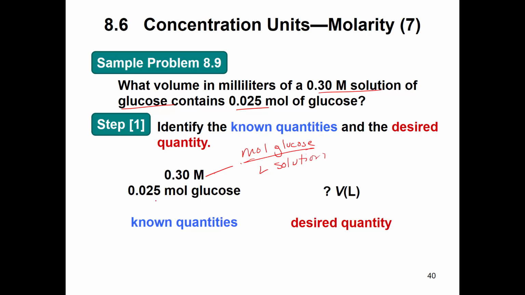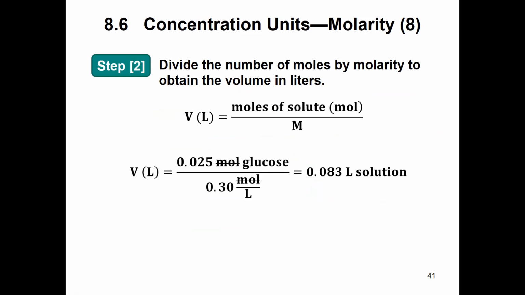You've got 0.025 moles of glucose, and we want to know the volume in liters. First thing you're going to do is look and see I've got 0.025 moles, and I can divide that by the molarity, 0.3 moles over liters.